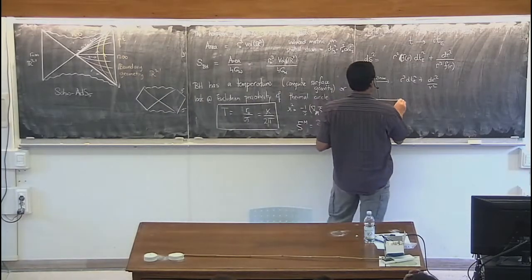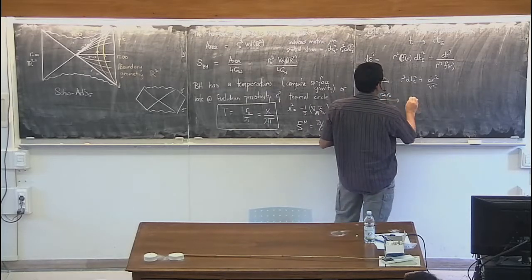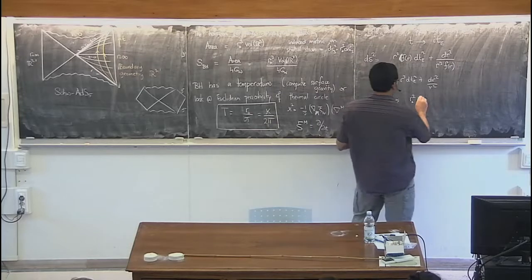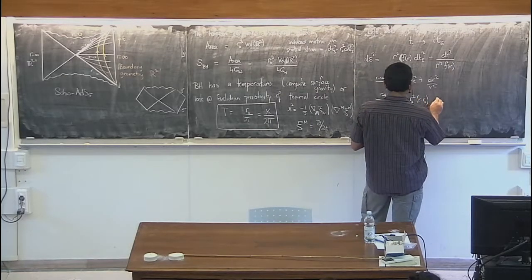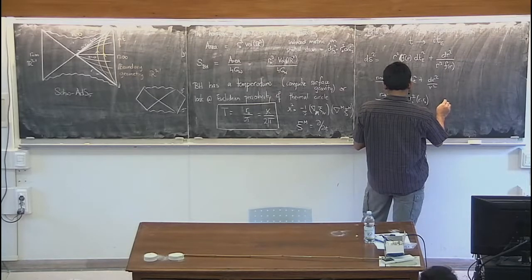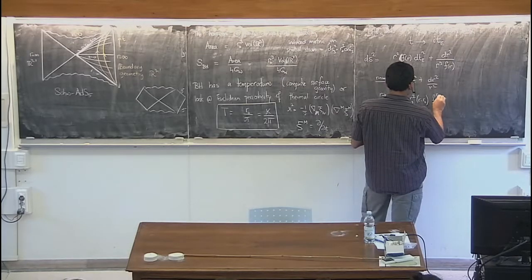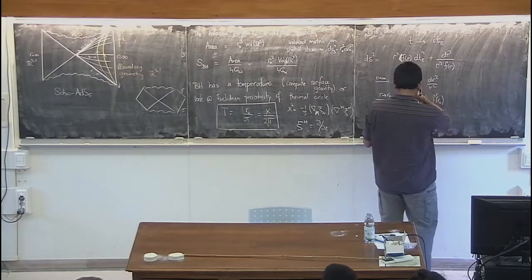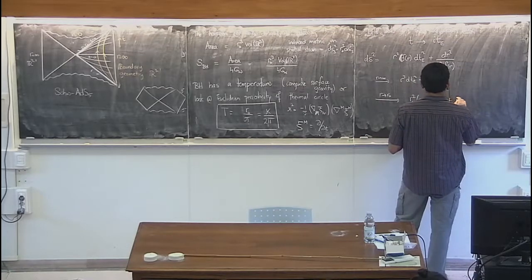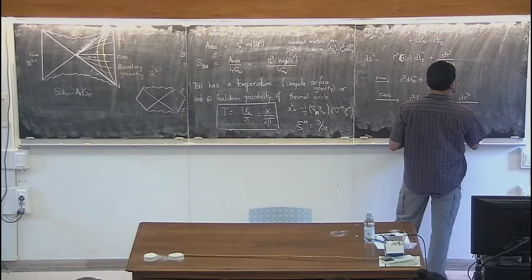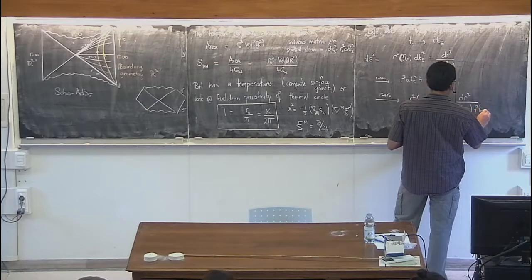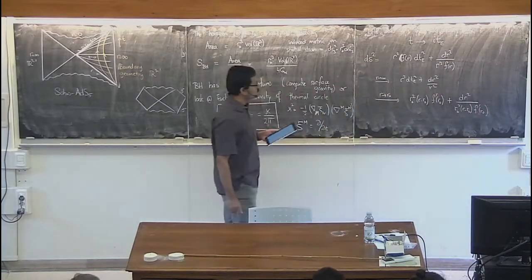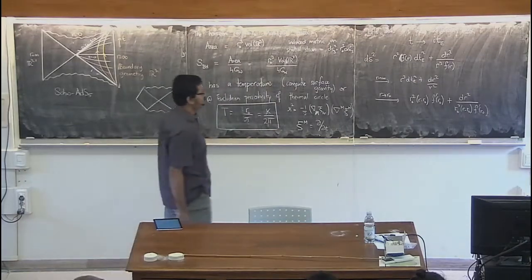But as r goes to r0, it goes to r0 squared f prime(r0) (r minus r0) dt_E squared plus corrections which are order (r minus r0) squared.